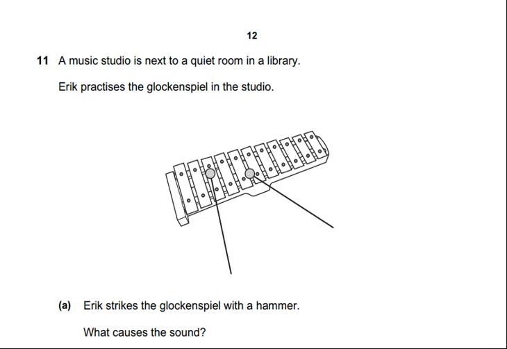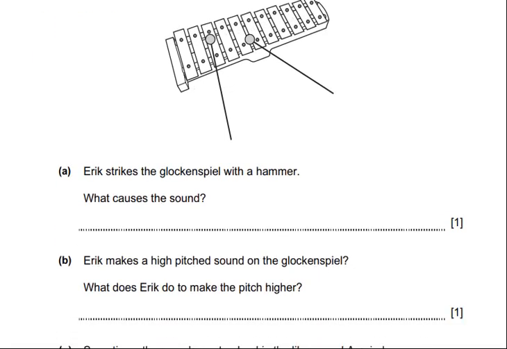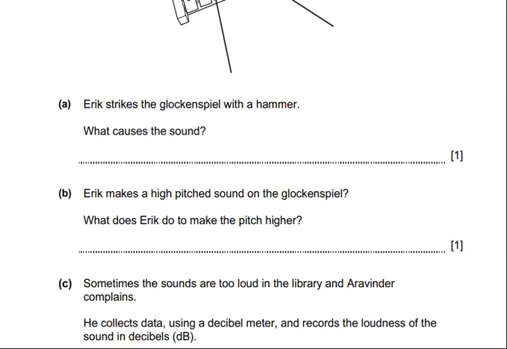Page 12, question number 11. A music studio is next to a quiet room in a library. Eric practices the glockenspiel in the studio. Okay. Question A. What causes the sound? So what makes the sound here? We can write down vibration or vibrations.